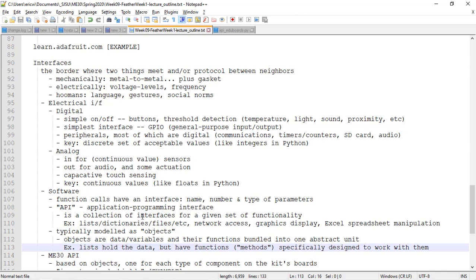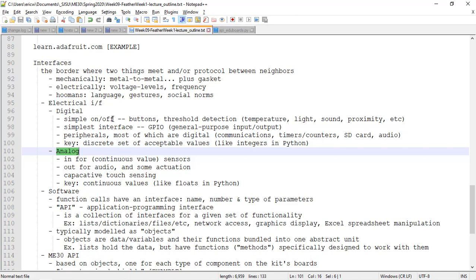Electrically, an interface, so IF is often used as an abbreviation for interface. If you started the lab, you already have gotten some sense for the difference between digital and analog. Here are some examples of simple on-off digital sensors: buttons, anything that does threshold detection. So there can be temperature threshold sensors.